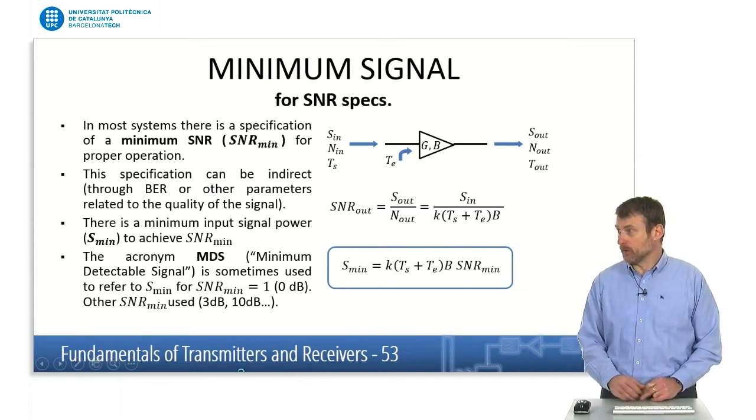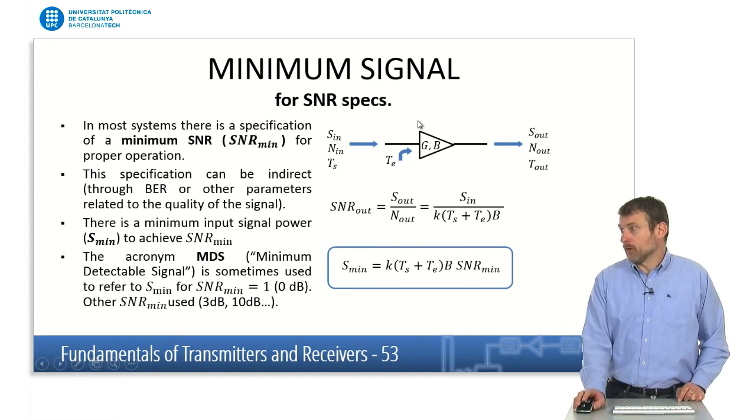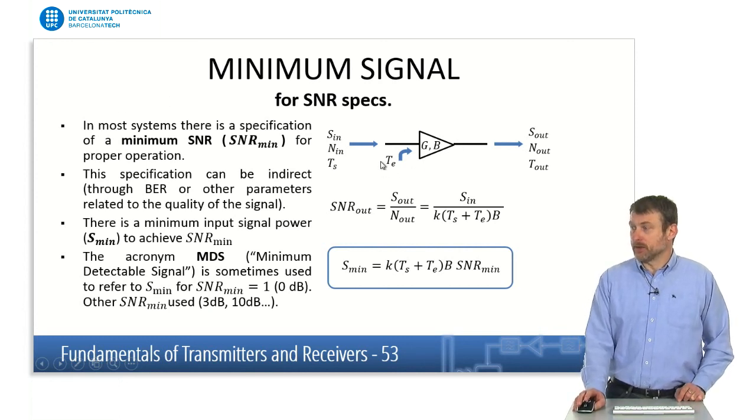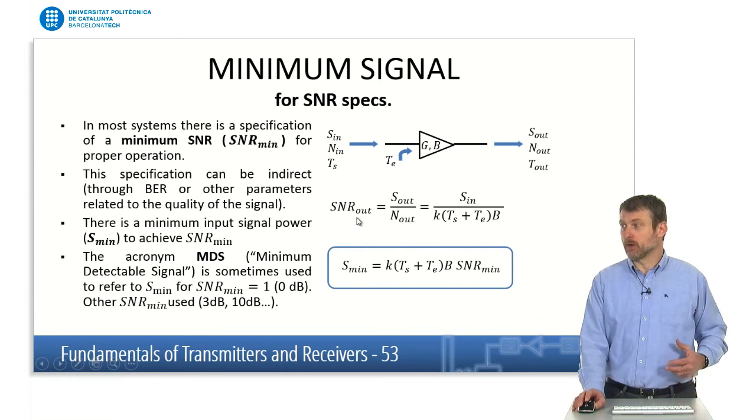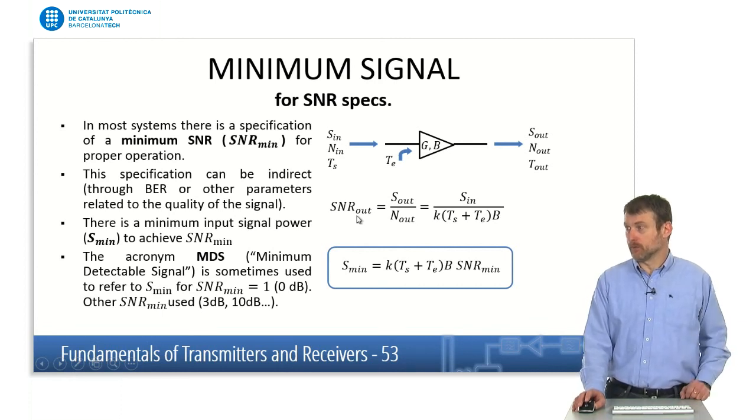As you recall, all receivers can be characterized by an equivalent noise temperature, and this equivalent noise temperature determines the signal-to-noise ratio that the receiver will have at the output.